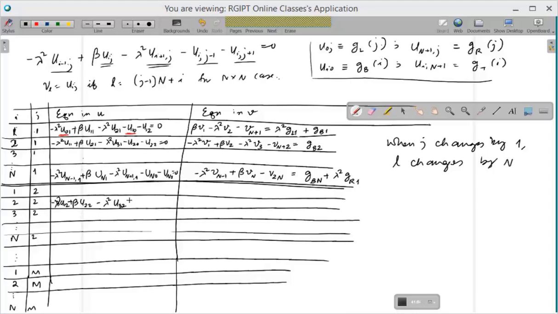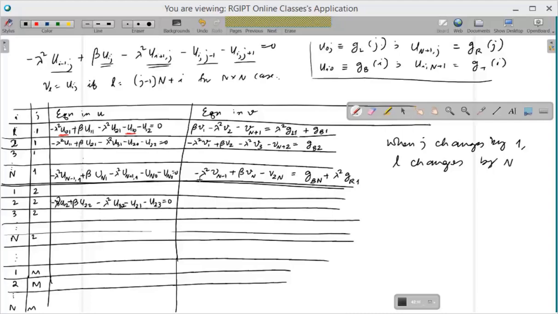All I'm doing is, I already have this equation in place, and I'm just changing the second index by 1. That's all. So minus u21 minus u23 equal to 0.